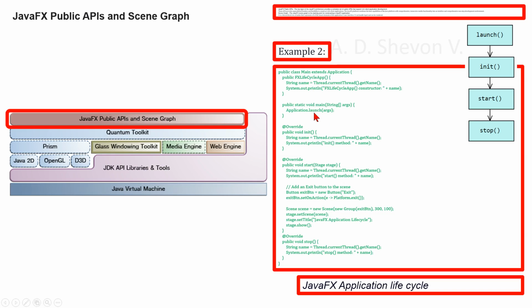It must be a subclass of Application, or a runtime exception will be thrown. The launch method does not return until the application has exited, either via a call to Platform.exit, or all of the application windows have been closed.